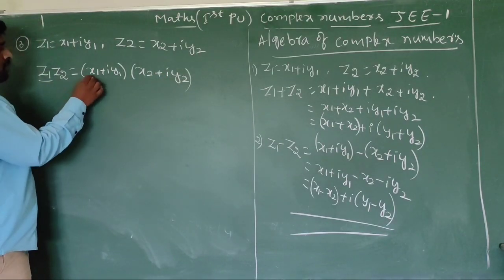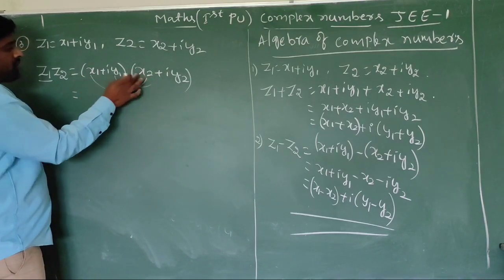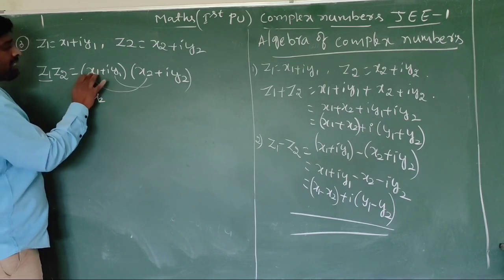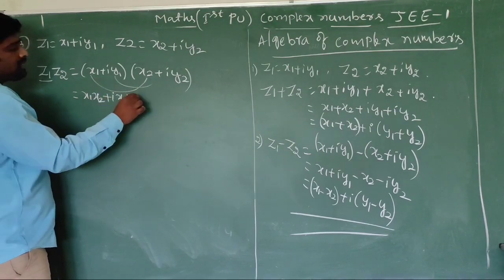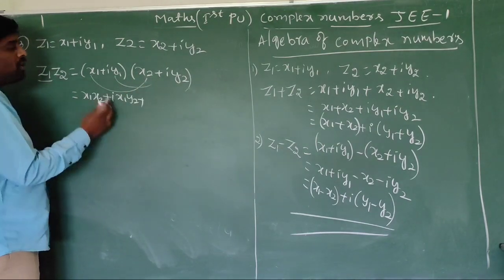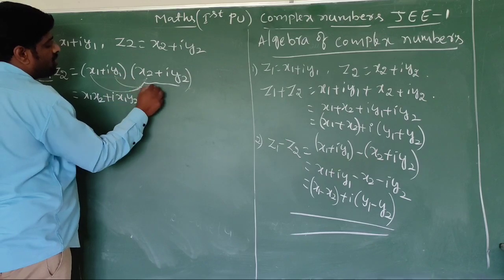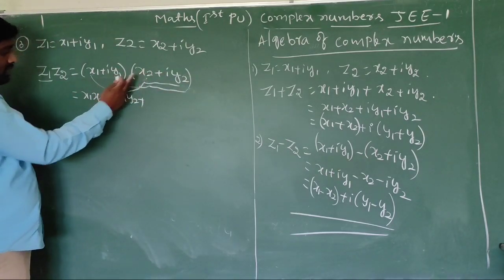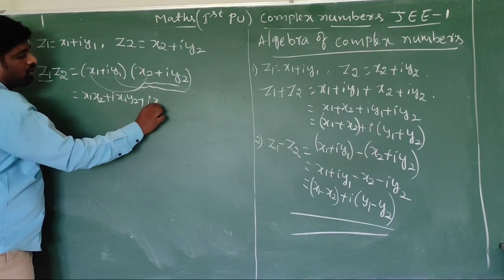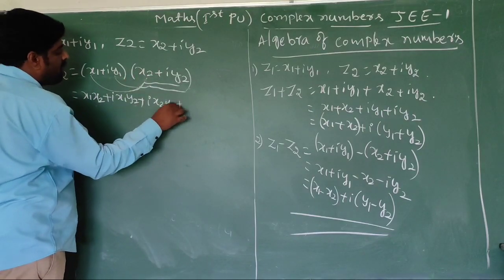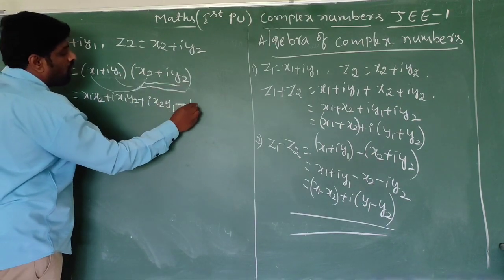We can multiply the two binomials: x1 into x2 is x1 x2, x1 into iy2 is plus i x1 y2, then iy1 into this full binomial, which gives plus i x2 y1 plus i square y1 y2, and i square means minus y1 y2.